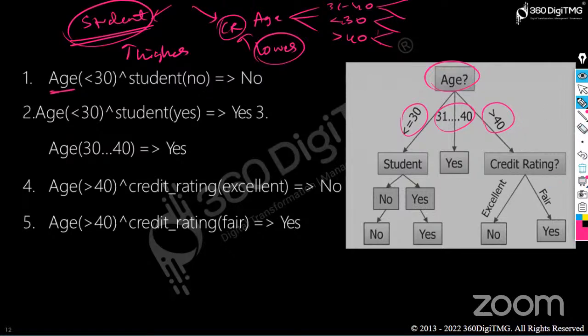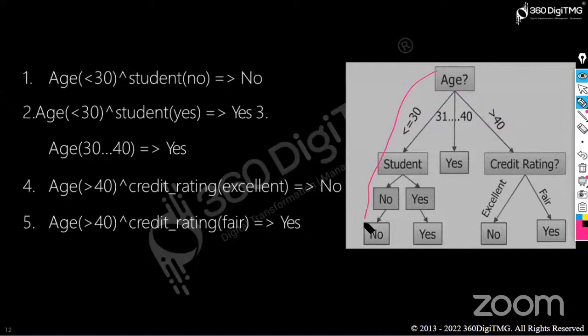Now, how many steps can you take to reach the leaf node? Age, student, no, and no. So 1, 2, 3, 4, 5. So in 5 steps, we can take our decision by keeping age as a parameter.